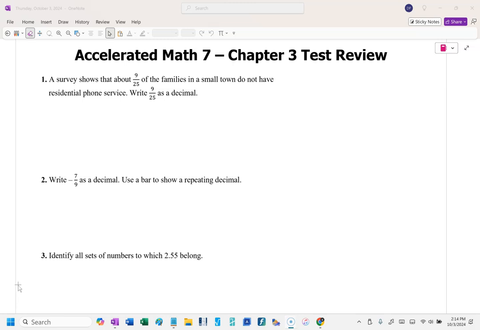Okay, so hi everybody, we're doing our fractions finally. Yay for fractions. Now for fractions, I want you to make sure you're thinking of what it actually means.